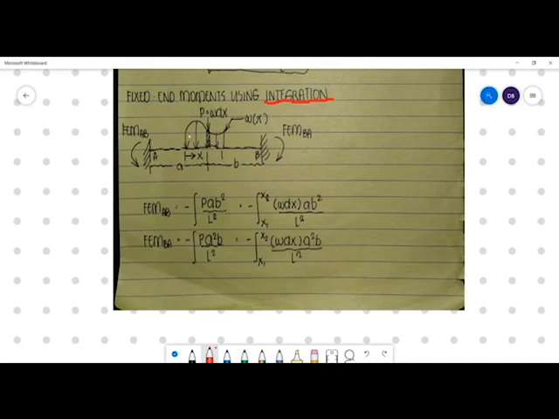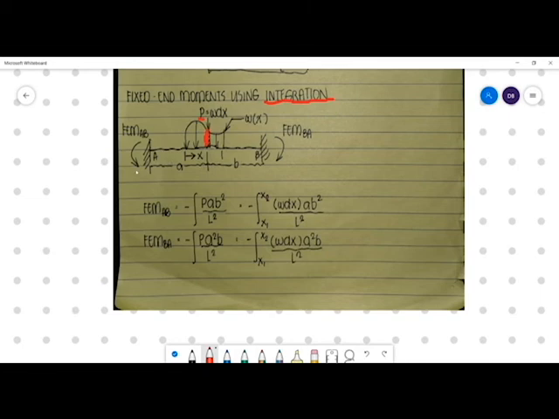Okay? So gagamitin natin yung formula na na-describe natin kanina. And we are going to put, maglalagay tayo ng imaginary load strip P, and that is equal to the area of W times dx. So this one, that is a load strip.